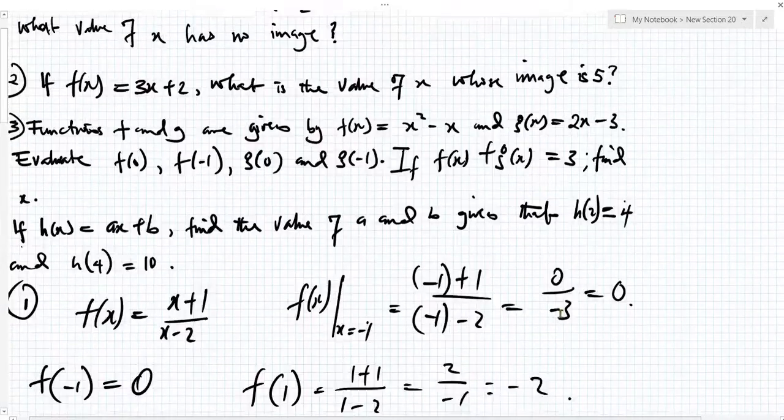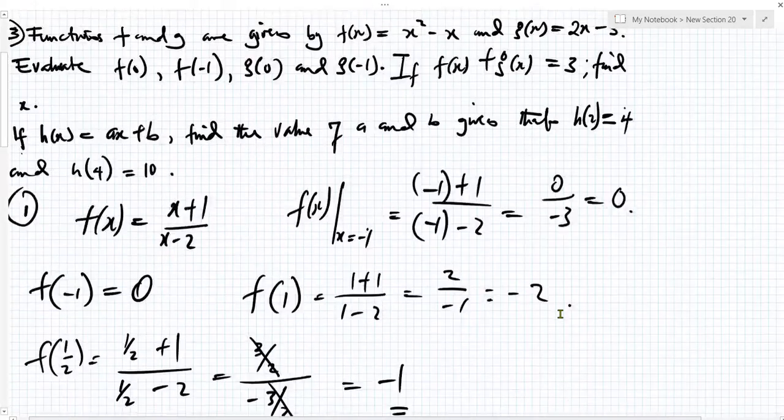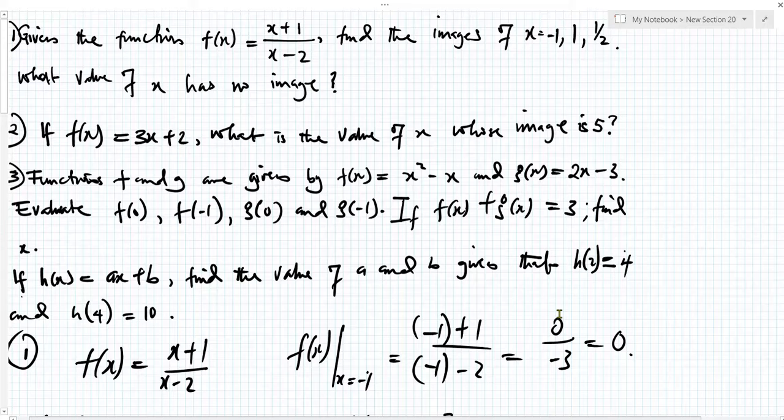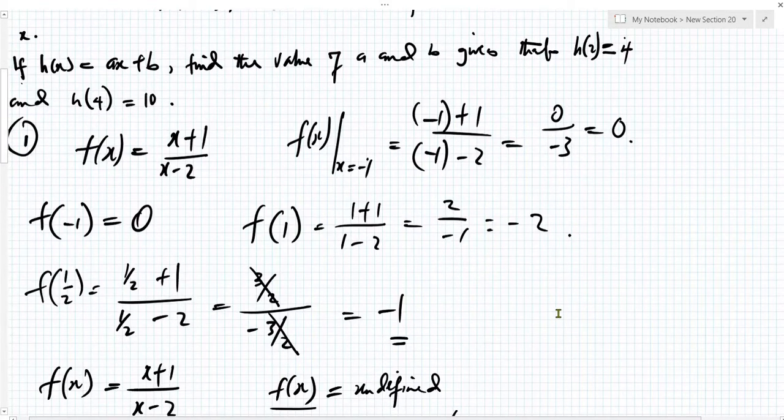Now that is the third question. So the fourth question is: say h of x is equal to ax plus b, find the value of a and b given that h of 2 is equal to 4 and h of 4 is equal to 10.